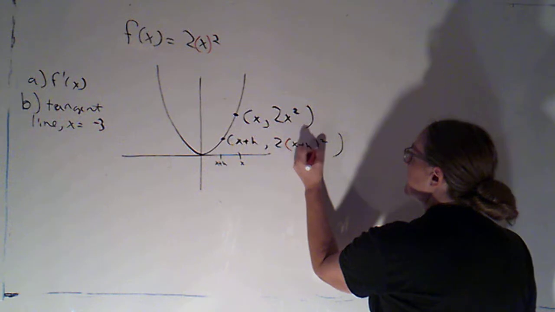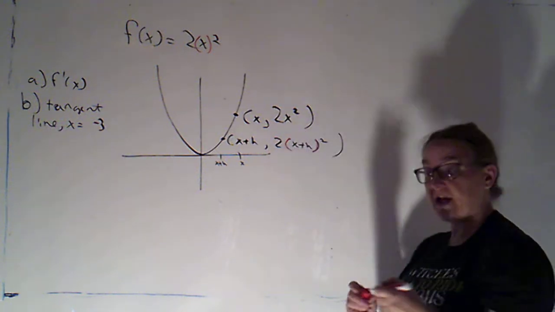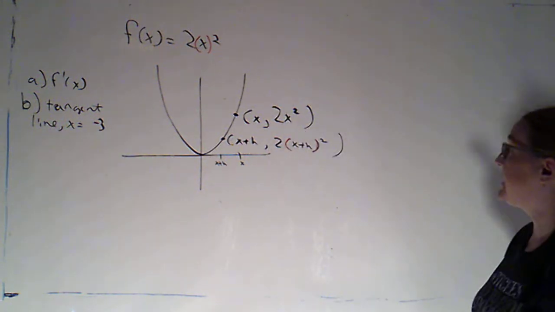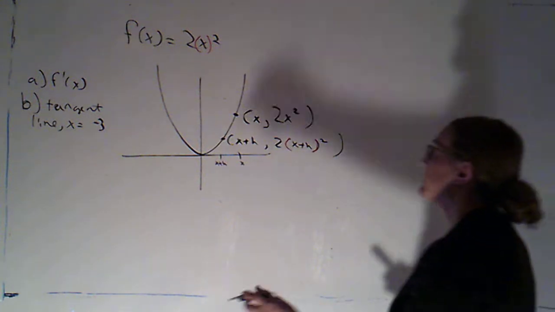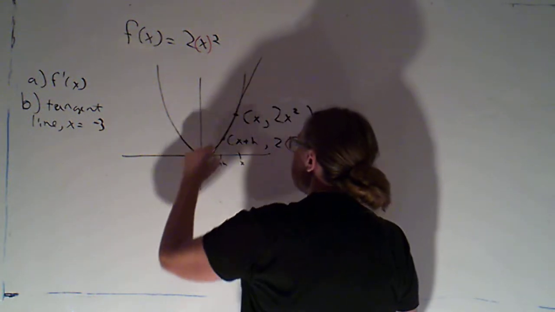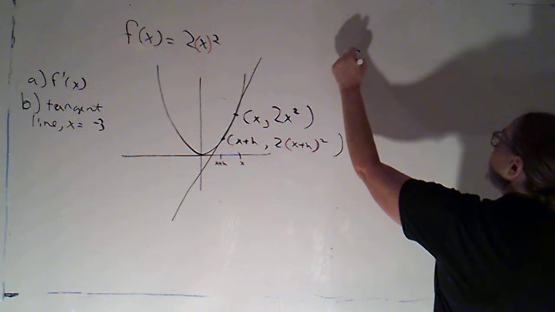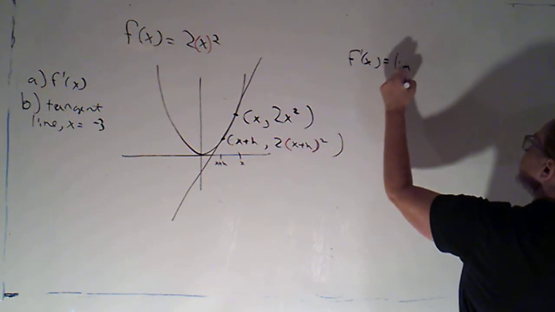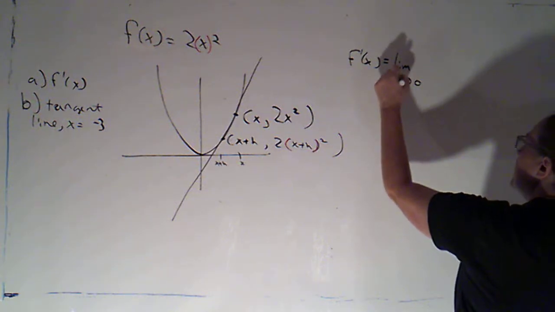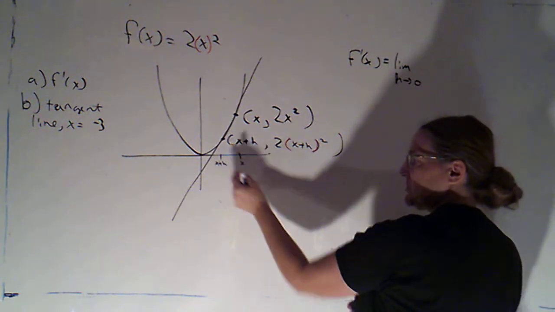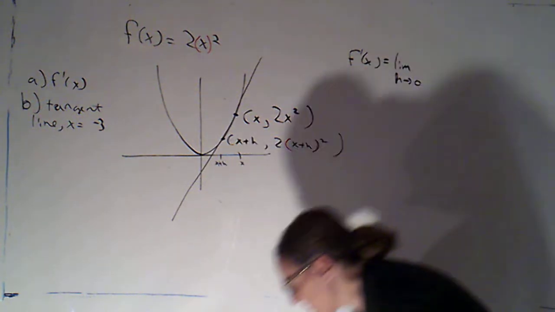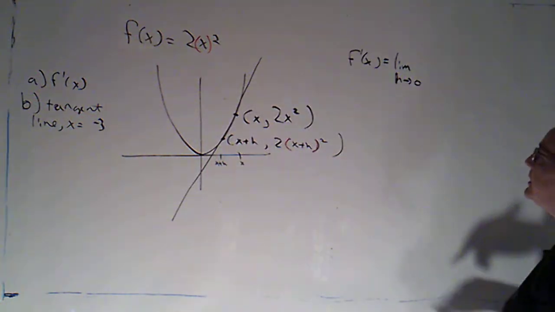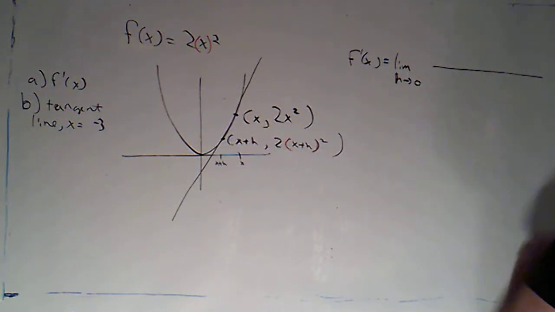I'm going to fill in those parentheses with whatever I'm plugging into f, which in this case is x plus h. And then if I draw in the secant line, I know that f prime of x is going to be the limit as h goes to 0. So as the signed distance between these points goes to 0, so they're getting closer and closer together, of just the slope of this secant line.